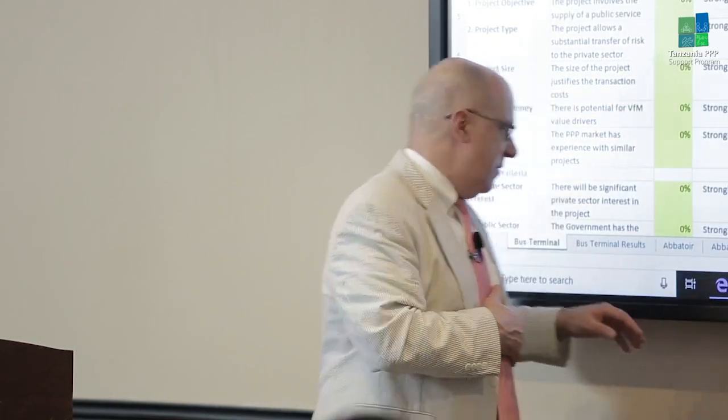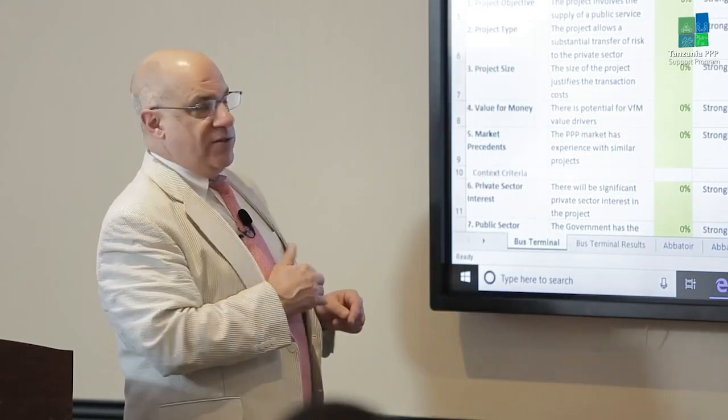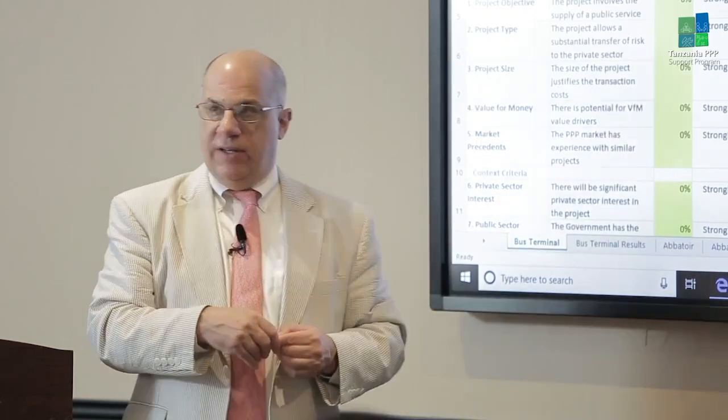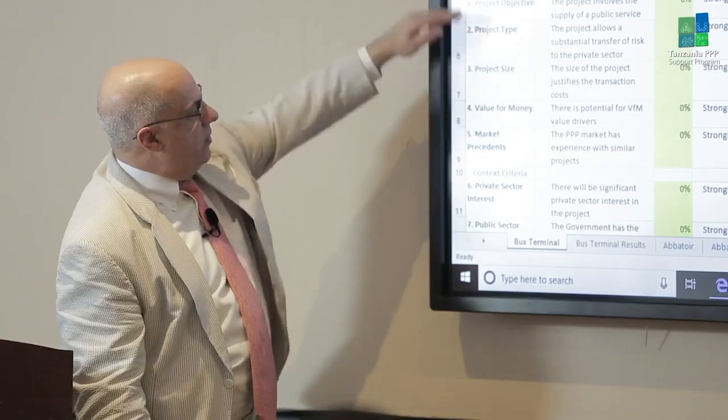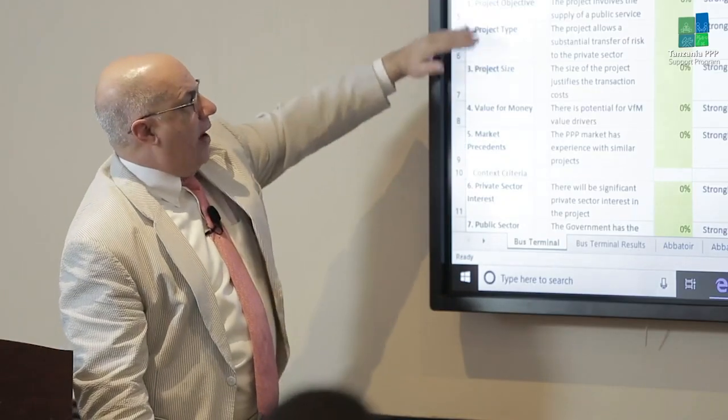So for instance, the bus terminal, which is our very first project, you will notice two of the columns have been highlighted in yellow. On the left-hand side, we have project criteria. So the criteria, for instance, project objective.